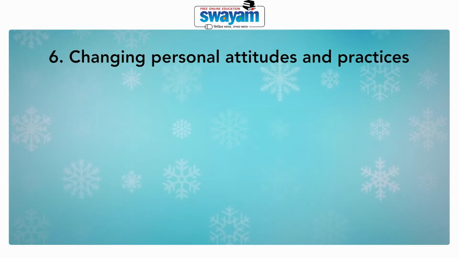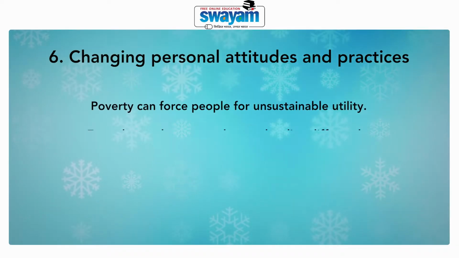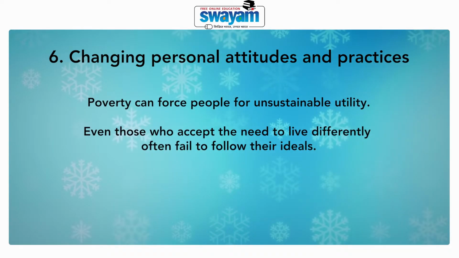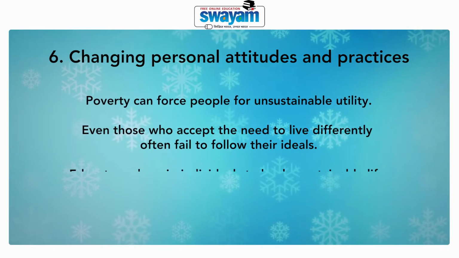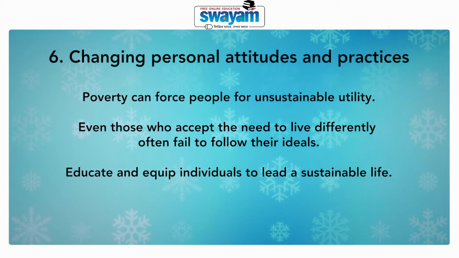Poverty can force people into unsustainable usage. Even those who accept the need to live differently often fail to follow their ideals. So we have to educate and equip individuals to lead a sustainable life.